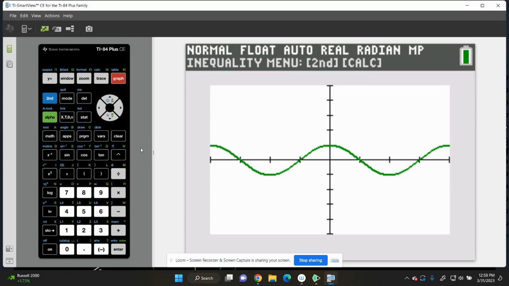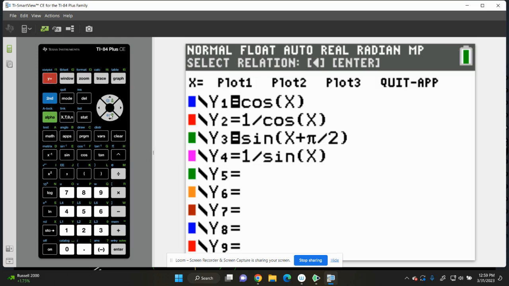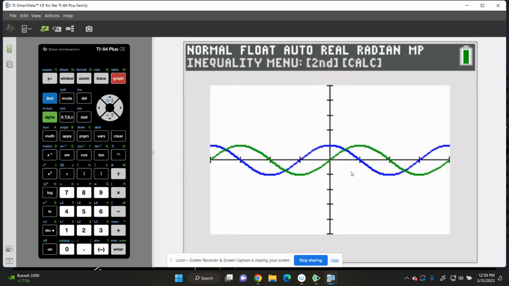Let me show you that again, all right? Here's my cosine and my sine. The green one is sine. Everybody needs to look up here. You need to see this, all right? The green one is the sine curve.